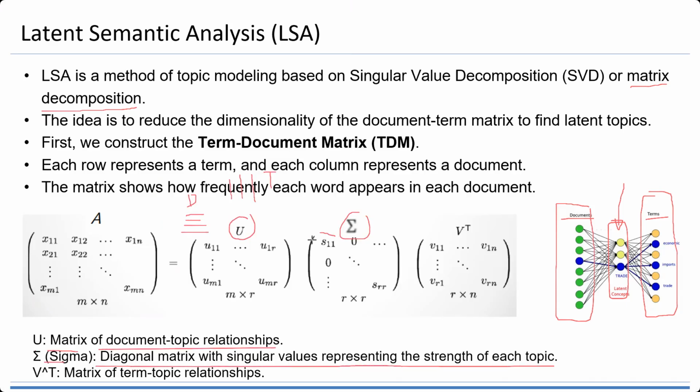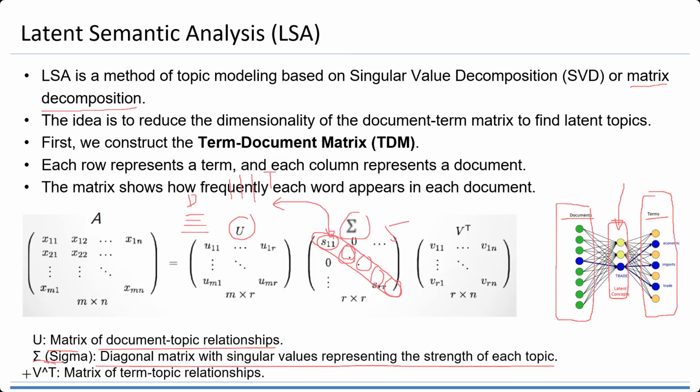If you learn matrices, we have a diagonal matrix. This is diagonal, so the values will be only in this section. It means we can see the importance of the topic. If there are two topics, there will be only two values. If there are 5 topics, there will be 5 values, and so on.